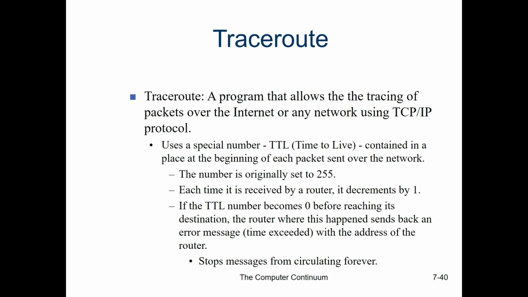Each time it is received by a router, it's decremented by 1 till it reaches 0. And when it reaches 0, you get an error message called time exceeded. So that's how this works, and it stops the message from circulating forever. That's the purpose of this TTL.